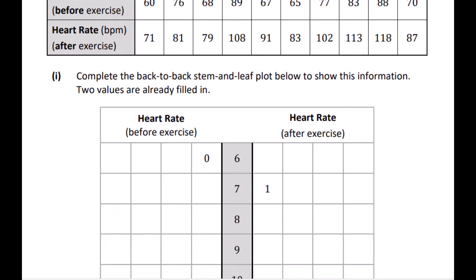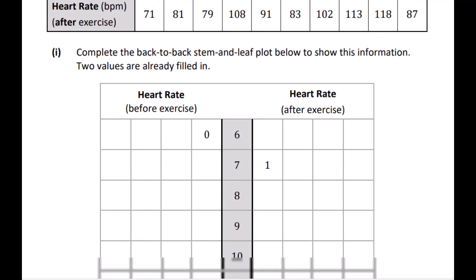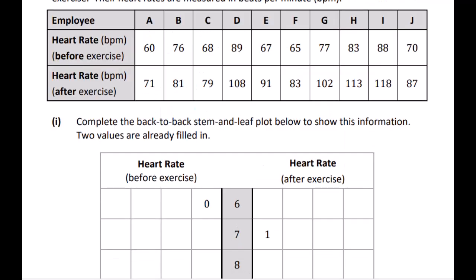Okay, so we've got to fill in this stem and leaf plot. Now you've got to make sure that you put these in order. So we have 60, 65, 67 and 68. Underneath that you've got 70, 76 and 77.